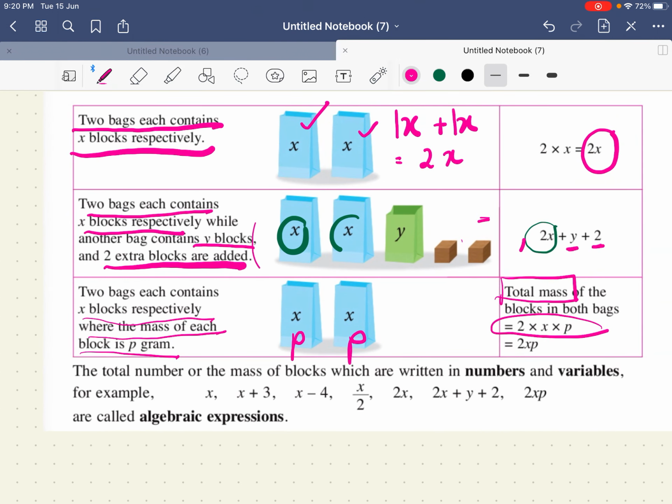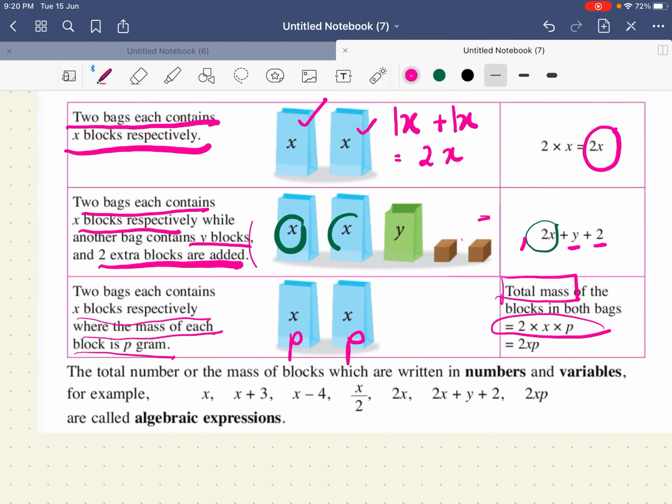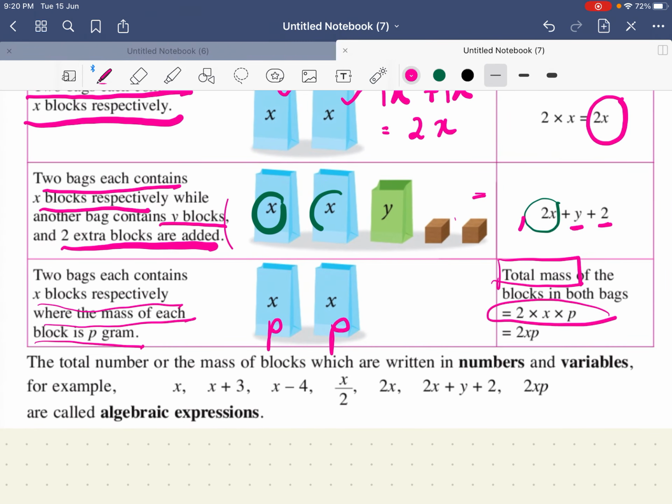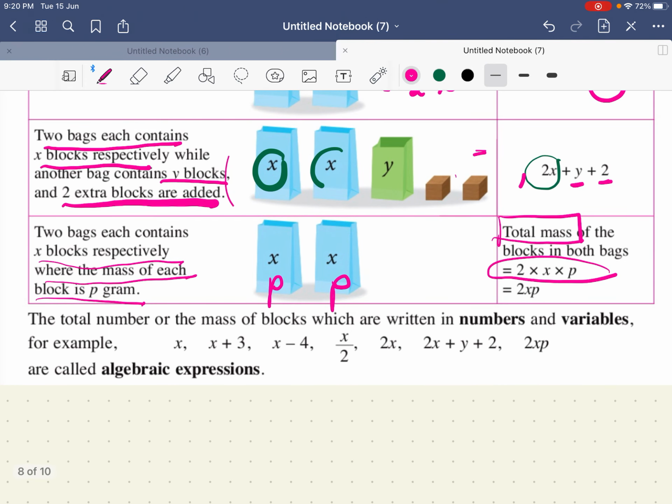Okay, konsep dia walaupun awak pening, saya tahu awak pening. Tapi saya harap awak fahamlah sikit konsep dia. Sebab kita tak masuk lagi the operation on the term. Okay, algebraic term. Kita tak masuk lagi. Tapi konsep unknown variable ni, I hope I made it clear for you to understand. So, yang paling penting dia nak highlight dekat sini.